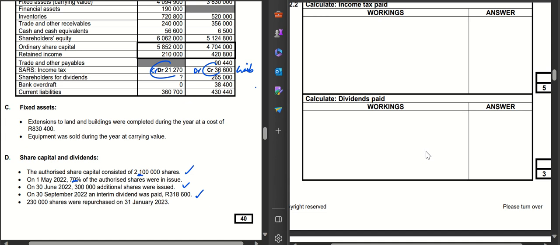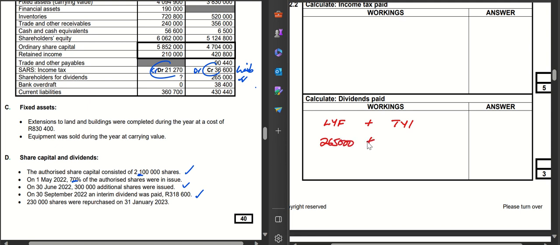I promised earlier on that when I come back after video number 3, I am going to do the dividends paid. With the dividends paid, I know you know this one already. This will simply be last year's final plus this year's interim. So last year's final, it is your shareholders dividends for last year, which is your 265,000.